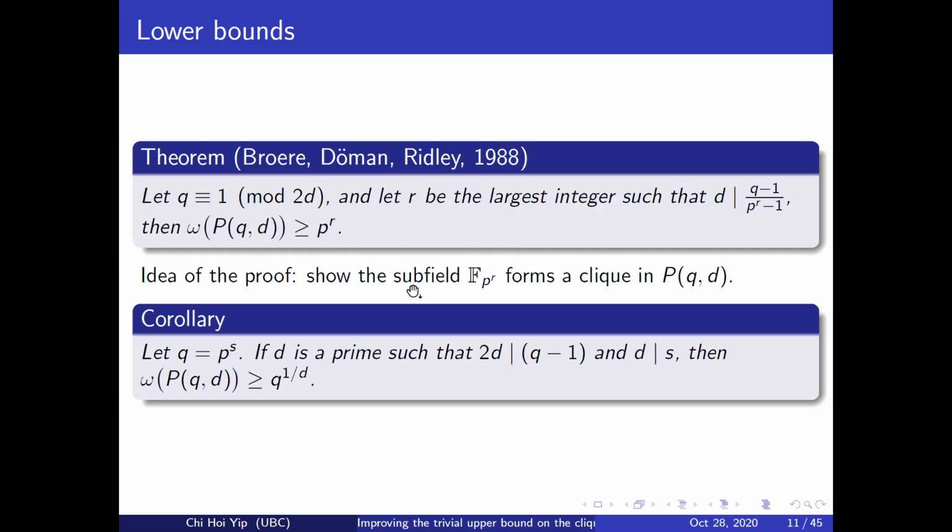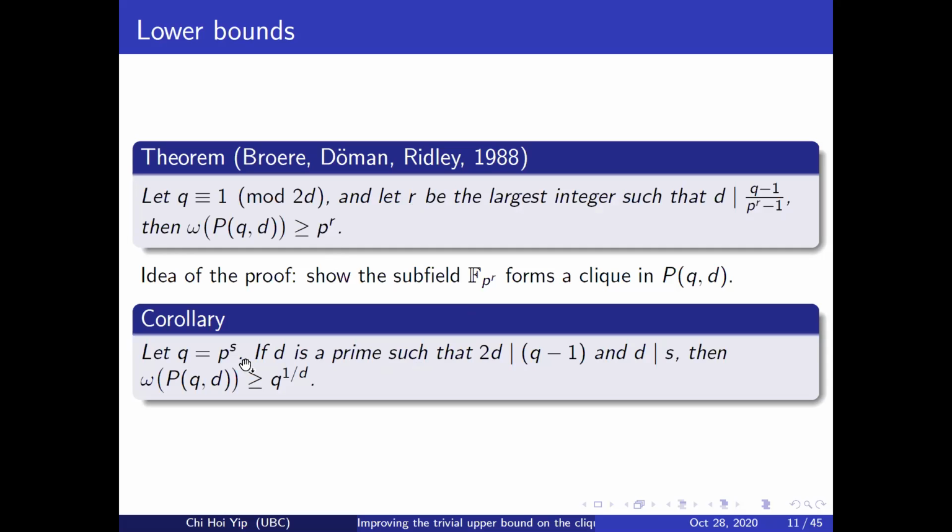So with this basic construction of the clique, we can show that the clique number is at least p^r. And perhaps it's difficult to estimate what the size of r is. So we can have this concrete corollary.